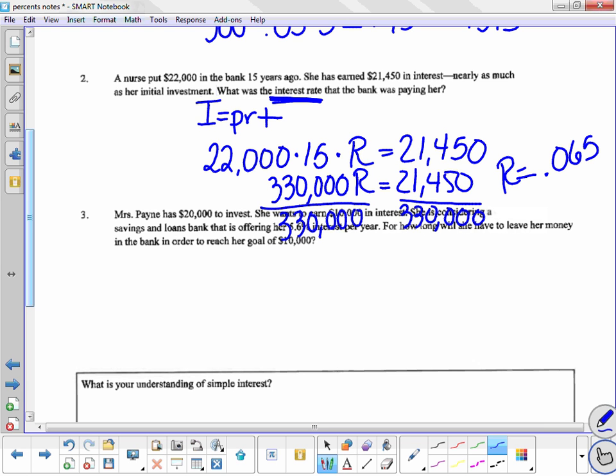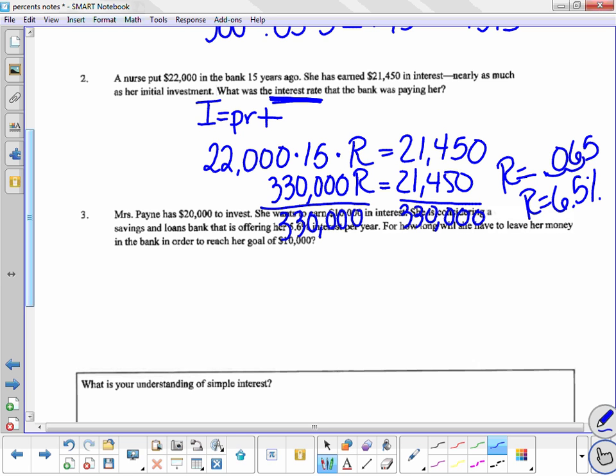But when you're solving for the rate, it should be in a percentage, so you need to move the decimal twice, and the rate is 6.5%. So what this means is it took 15 years at 6.5% rate of interest with an initial investment of $22,000 to earn $21,450. So that's crazy, but that's how interest works.